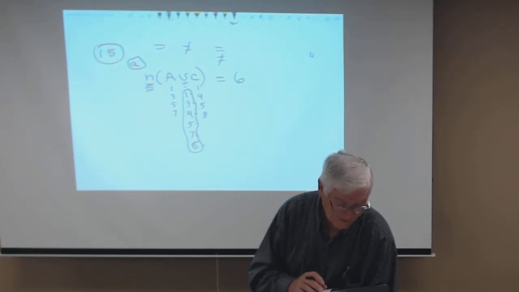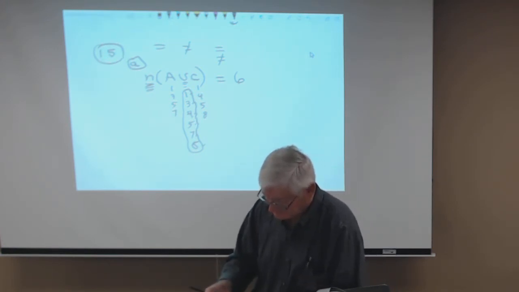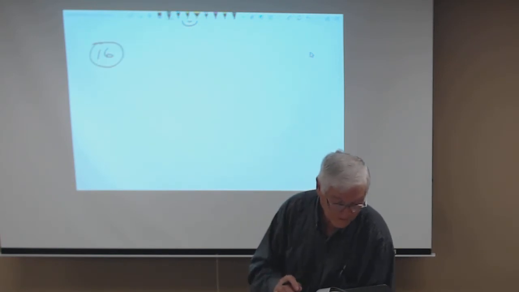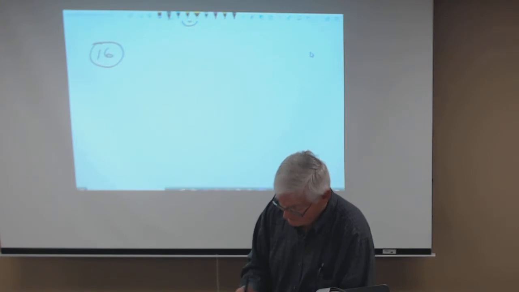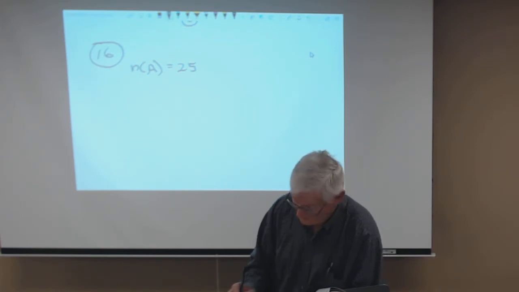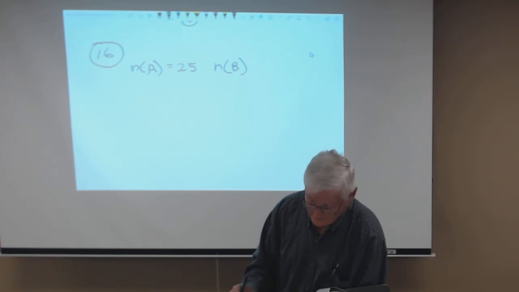Number 16. The number of elements in A is 25. The number of elements in B is 35.